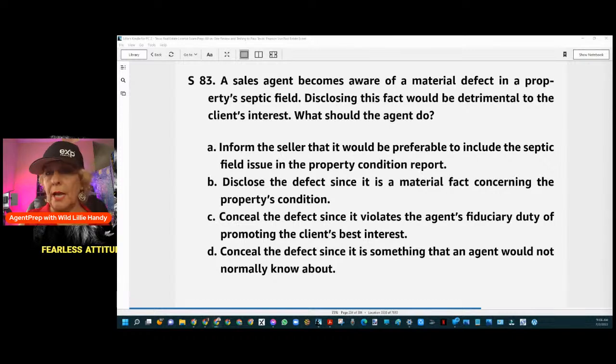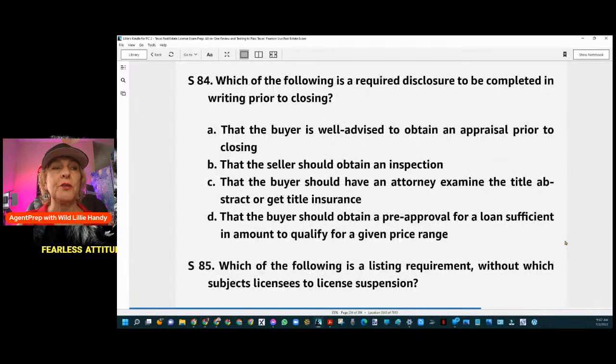Whether the seller likes it or not, and it's not disclosed on their seller's disclosure notice, we must disclose it. When we're aware of it, we disclose it. We're not experts, but we can visually see it. Therefore, we can disclose it. Or we should disclose it, not we can.